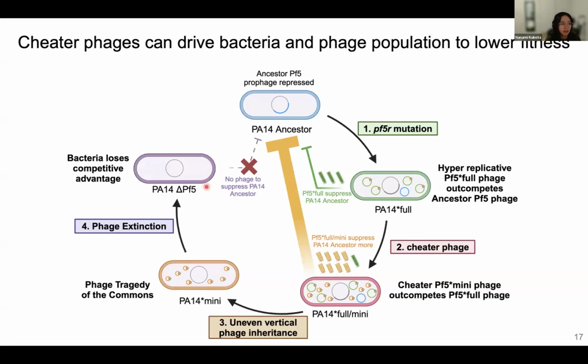And once the bacteria loses its phage, it can no longer outcompete ancestor. We can imagine the cycle repeating once we see reinfection of our ancestor phage.